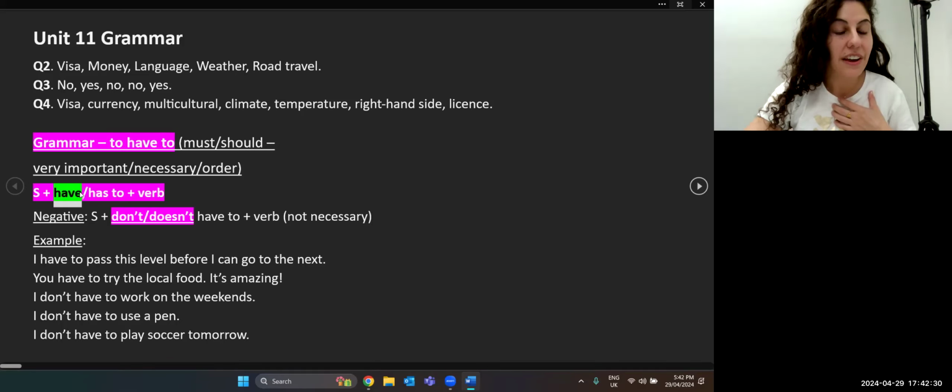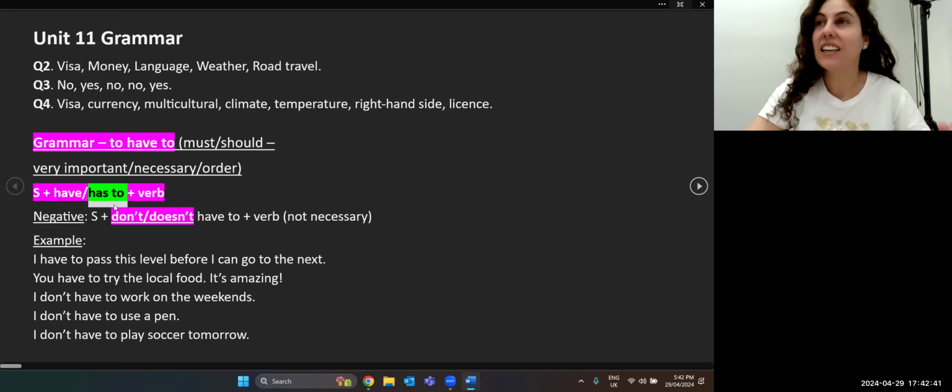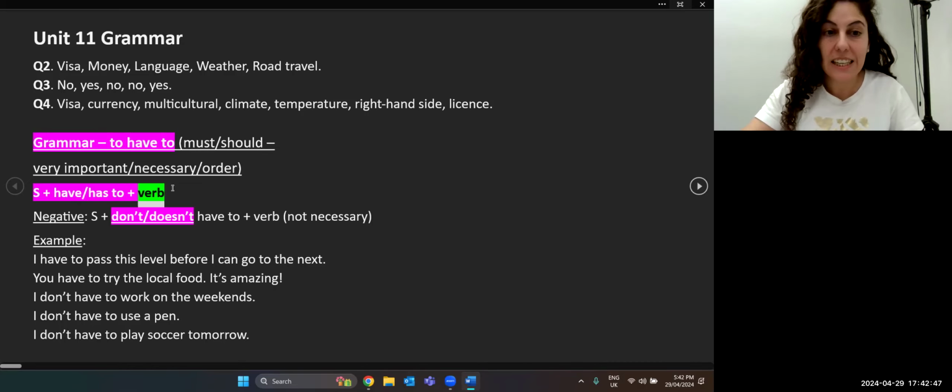Now have, we know have is for I have, you have, we have, and they have. But "has to" is for he, she, or it. And then we have the main action, the verb. There's no -ed, there's no -ing, there's no -s. The verb does not change. It's the same for all the subjects.